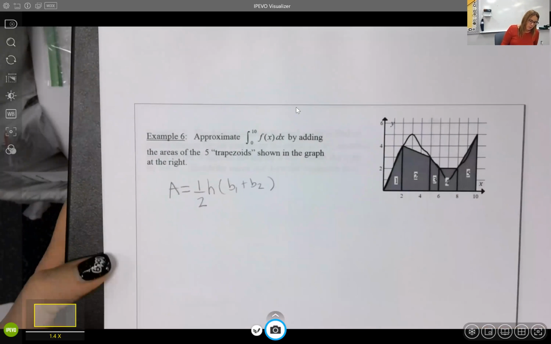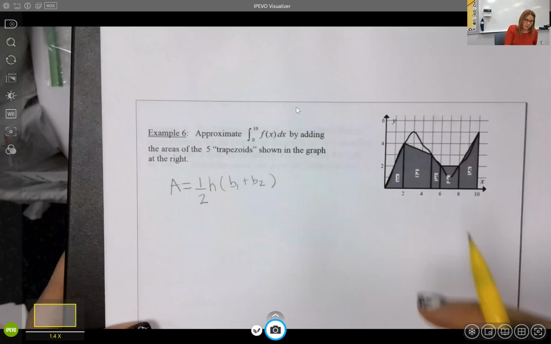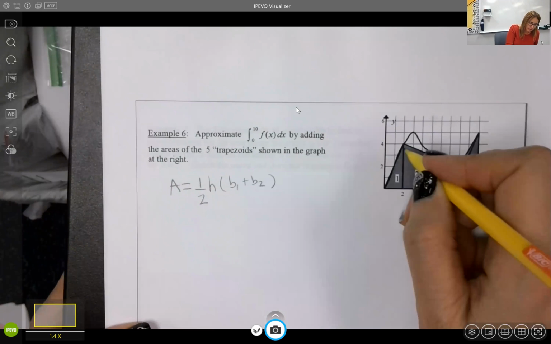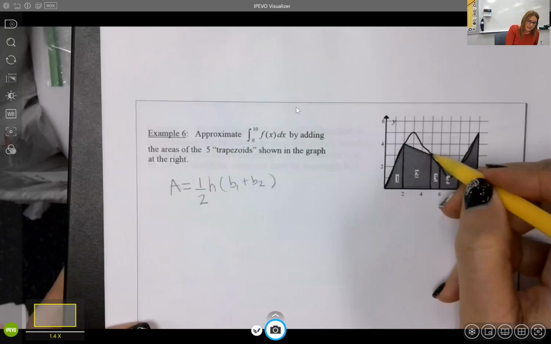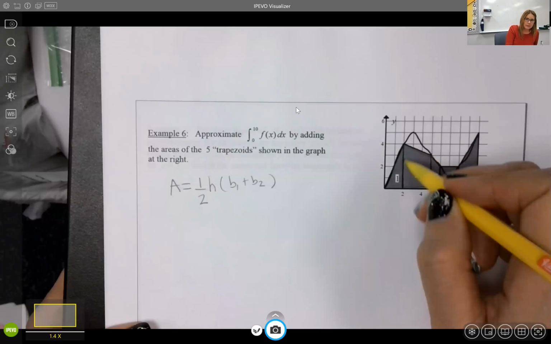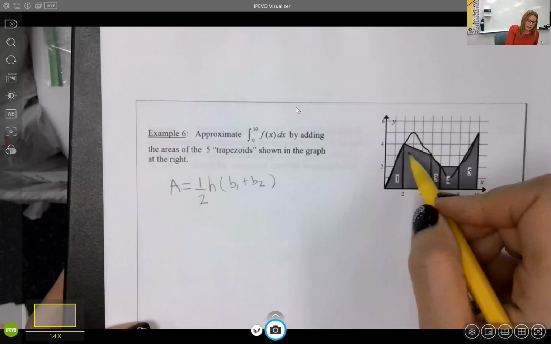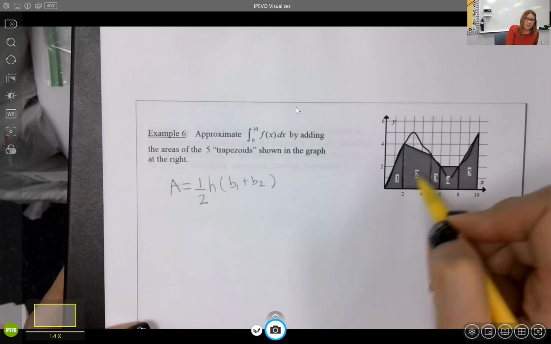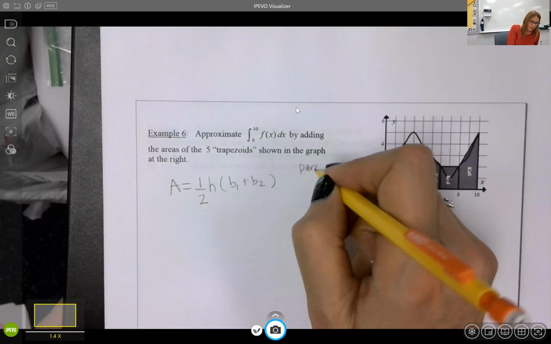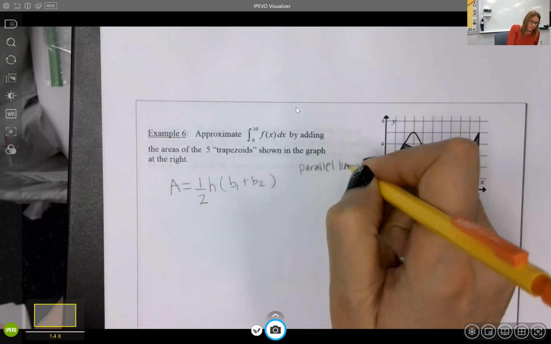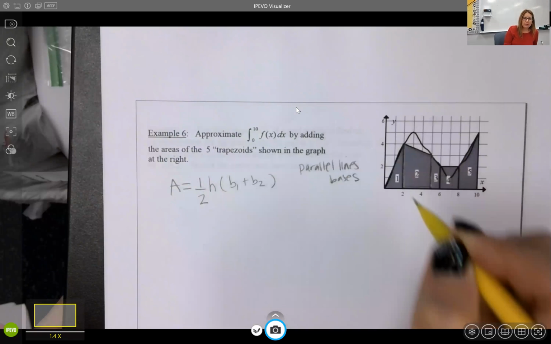Okay. So when we look at this trapezoid right here, the bases are this and this. These parallel lines right here, the parallel lines are your bases.